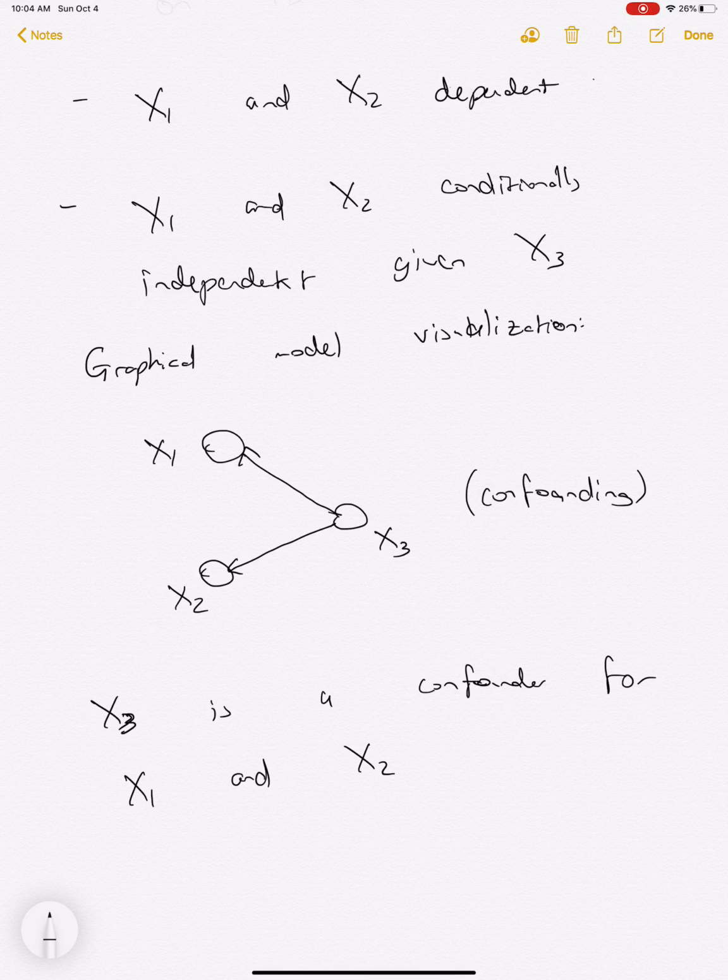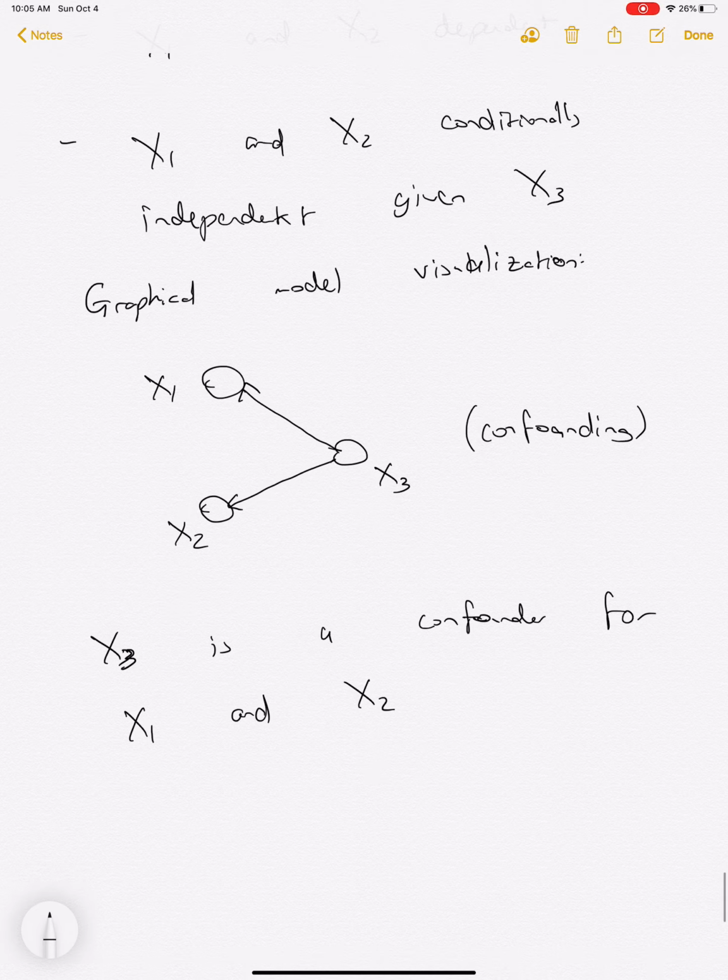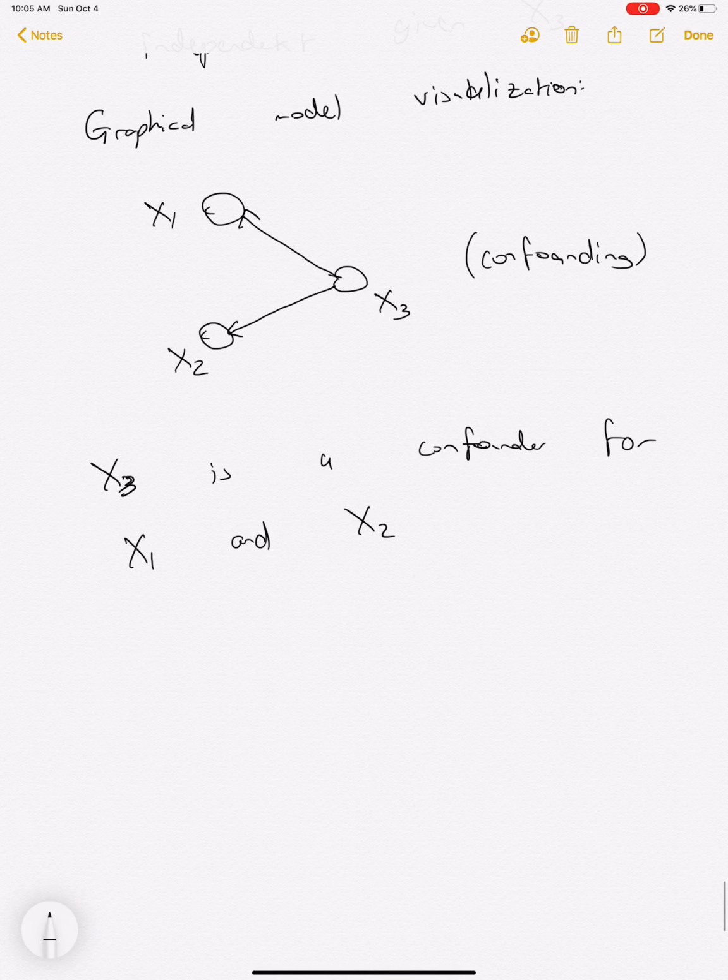You might find that two variables are highly correlated, but there's actually another variable that's causing that correlation. If you knew that variable, then there wouldn't actually be any correlation anymore. So, phenomena in statistics.